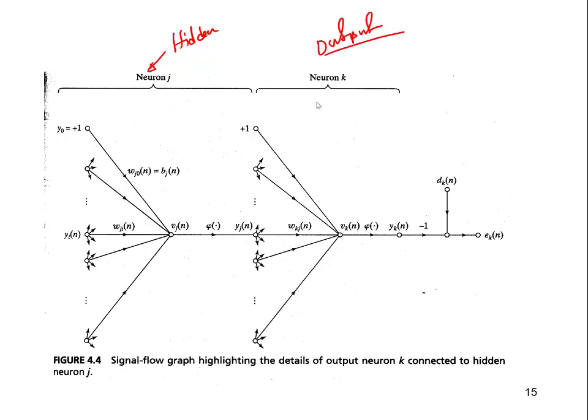As usual, we know the output neuron's delta K is EK multiplied by phi prime of VK, where VK is the induced local field of K. So what will be considered as delta J? That is our question, and that is our next phase of learning.